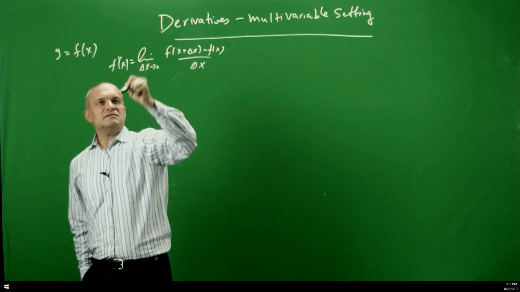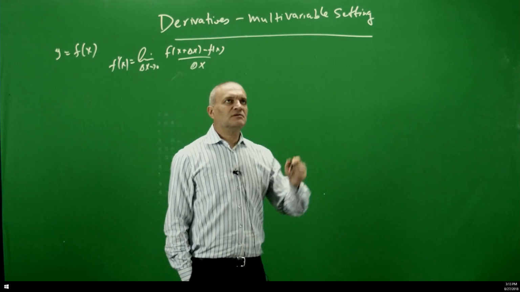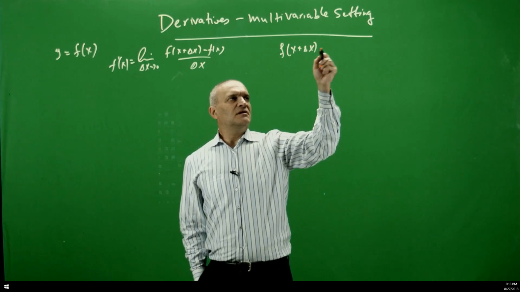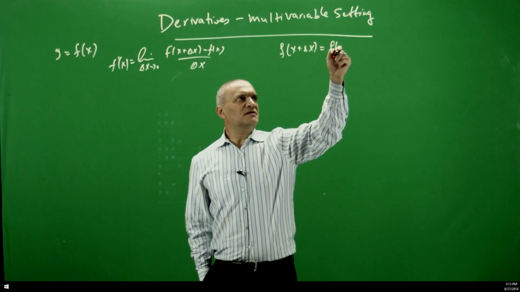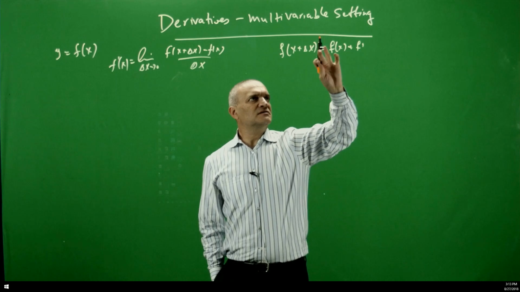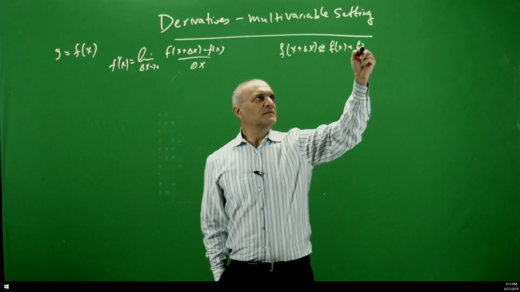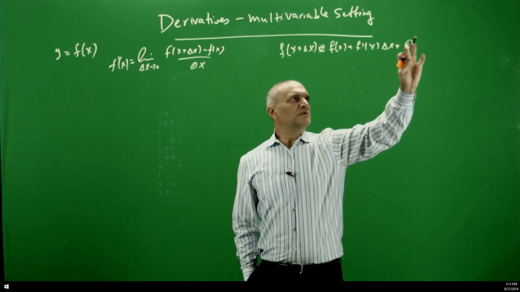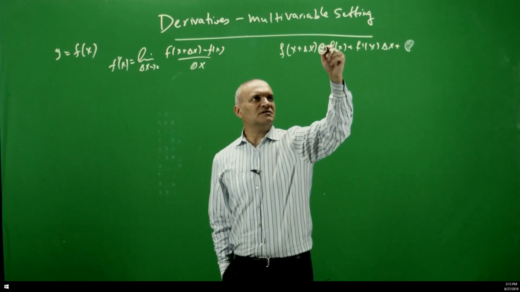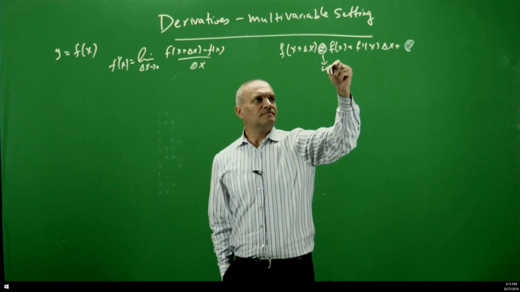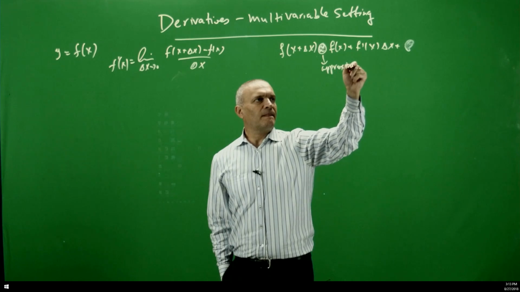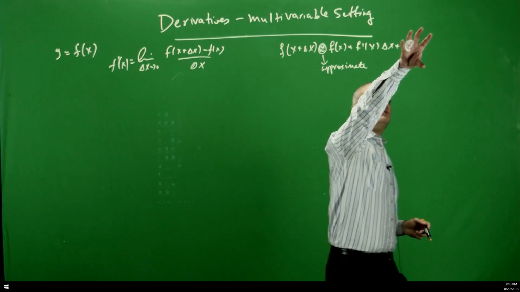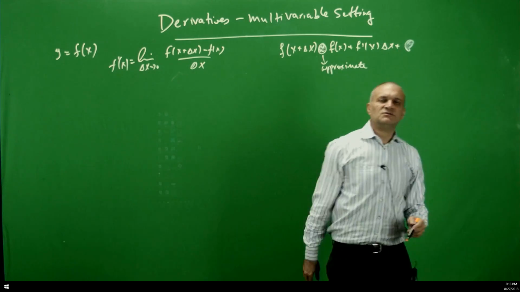And then the key to this is that if you have f of x plus delta x, then you have the formula f of x plus f prime of x delta x plus a residual. Now, this is approximate. This is important, that it's approximate. And we will talk more about the residual during the lecture.